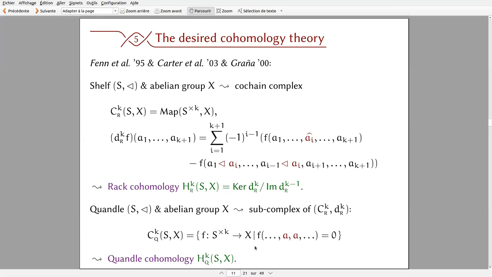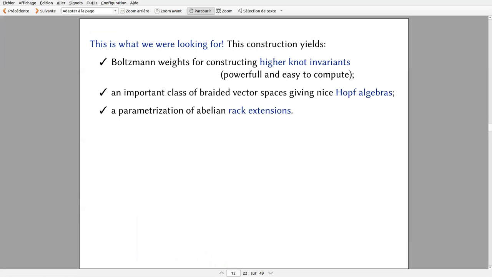So when you evaluate your map f on some k-tuple containing repeating entries, you need your map f to be 0. So that's the quandle cohomology, the cohomology of the subcomplex. And it gives you what you wanted.